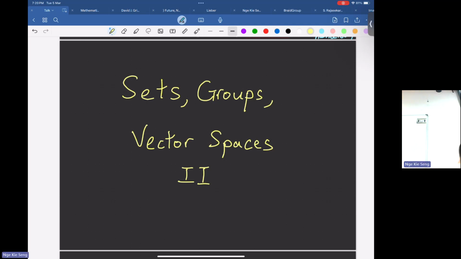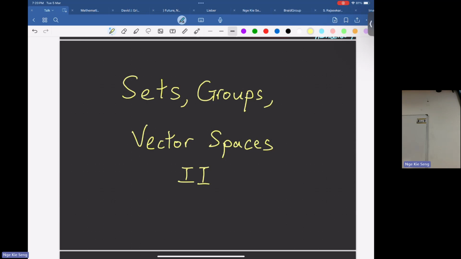So let me remind you that this is not a lecture. We are trying to connect some ideas in mathematics, and the purpose of tonight's talk is to prepare the language for QM, which we will use: vector spaces and Hilbert spaces.